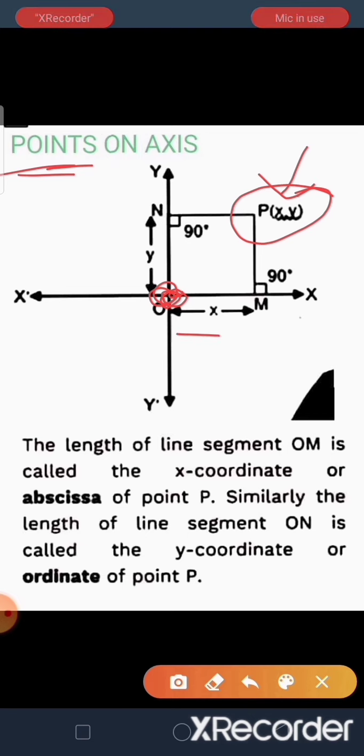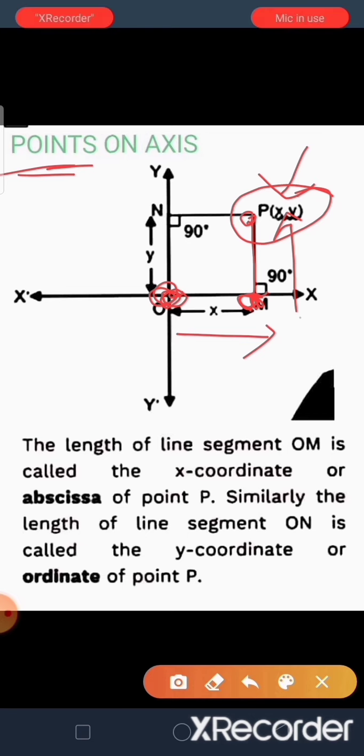So we travel from 0 to x in the positive direction of the x-axis. We cover the distance and stop at point M, because point P is above point M on the x-axis, and then going upward from point M, we reach our point P. That is the coordinate of x.